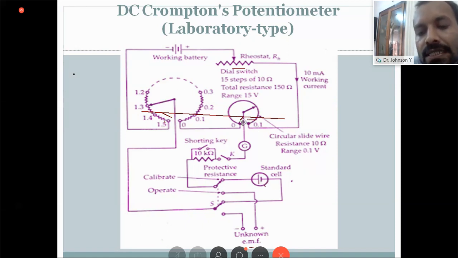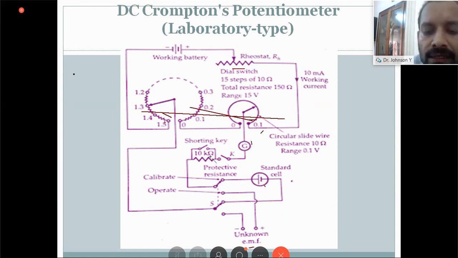That voltage is set by using the circular slide wire. So using these two switches, we can set the total 1.0186 volt drop across here, so that it equalizes with the standard cell, thereby the galvanometer reading is 0. That is the calibration process.